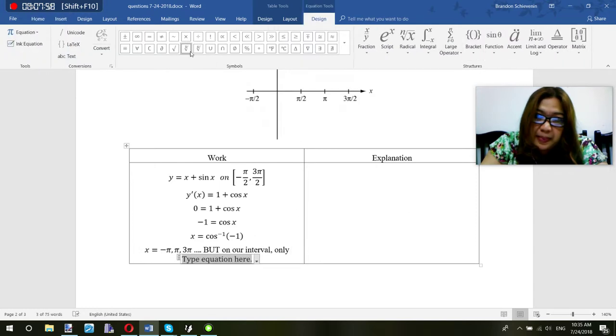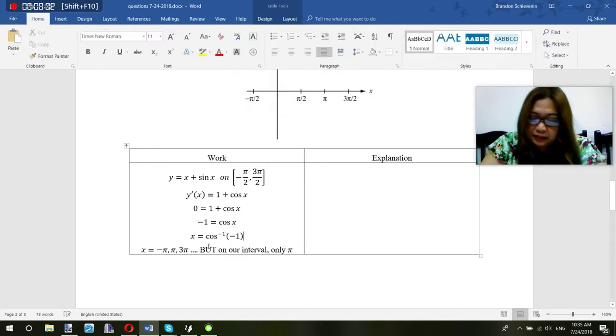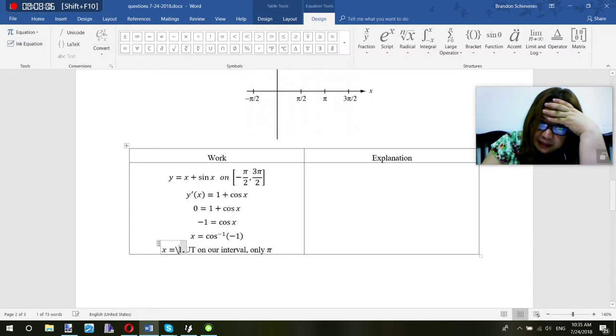I'm going to write the general form for this in a second. So I could say that all the values that work for this are pi plus 2 pi n.